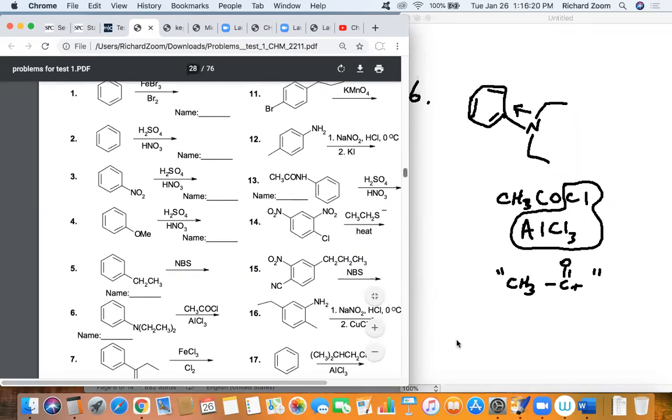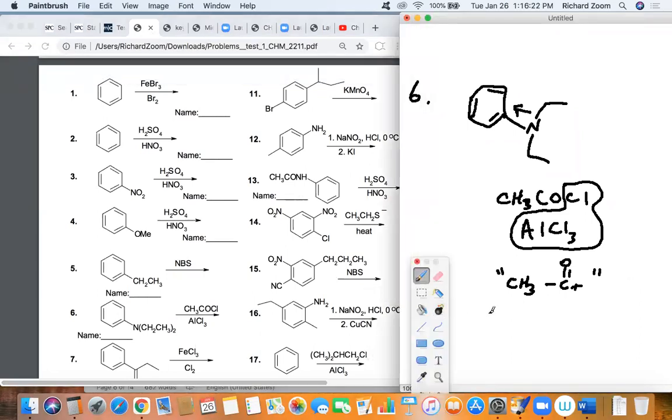So the products for this one, since it is activating, there's going to be two products. There's the ortho product and the para product. That doesn't look pretty at all. So that's your ortho product. And again, the connection point is to the C that has the positive charge on it.